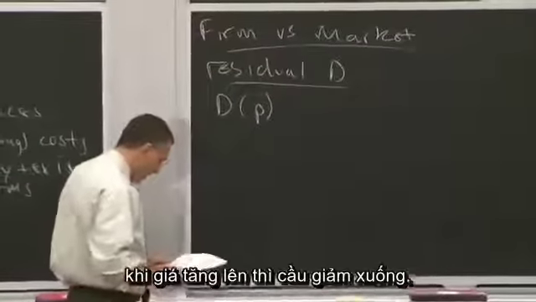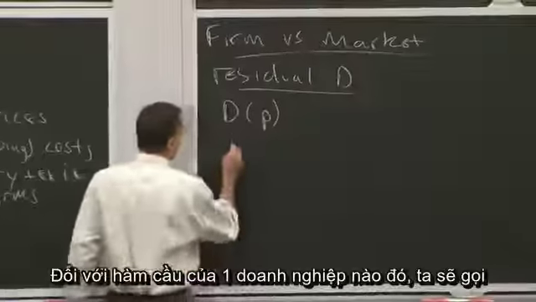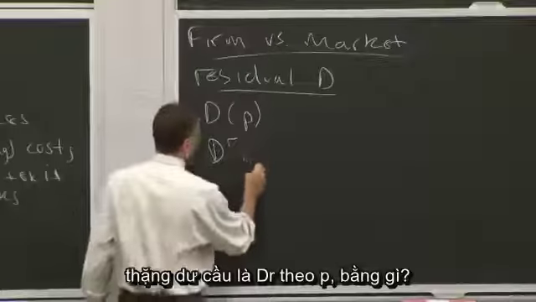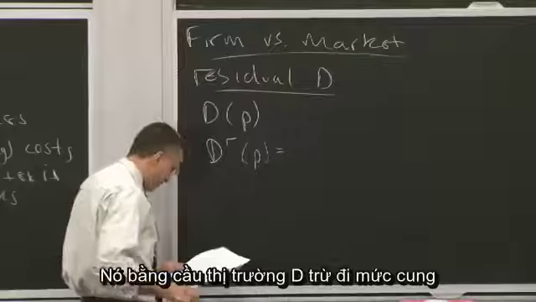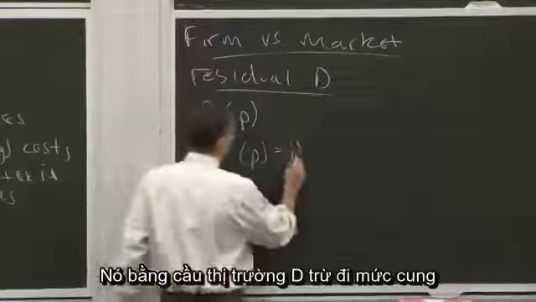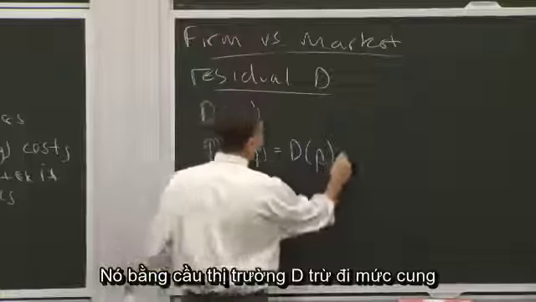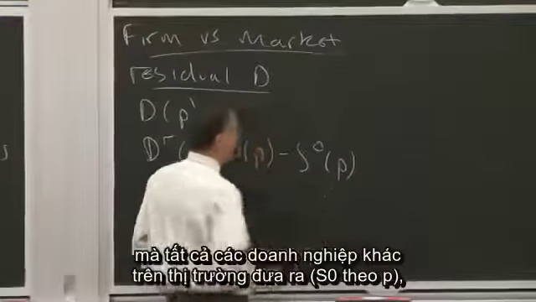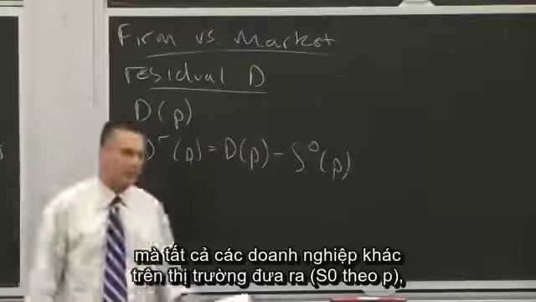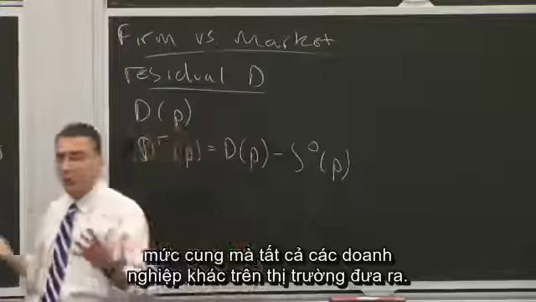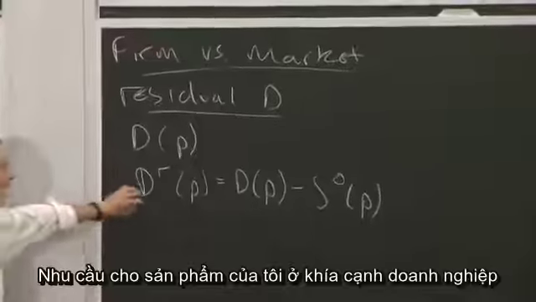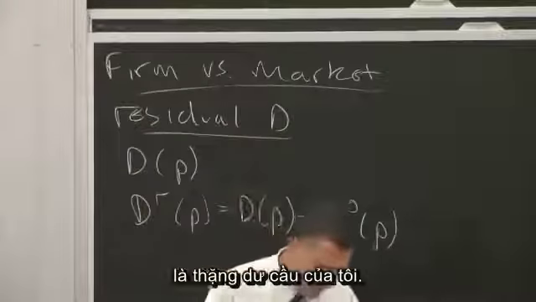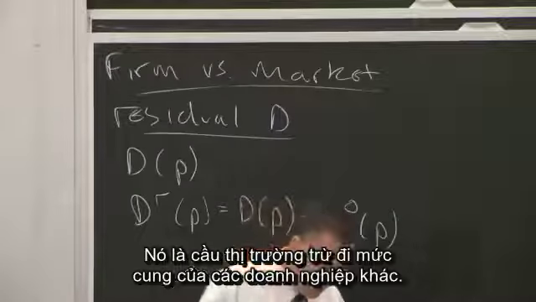Now, the demand function for a given firm, we'll call the residual demand, D super R of P, is equal to the demand for the market minus the supply that all other firms in the market provide, S super 0 of P. So the demand for my product as a firm, my residual demand, is the market demand minus what other firms supply.